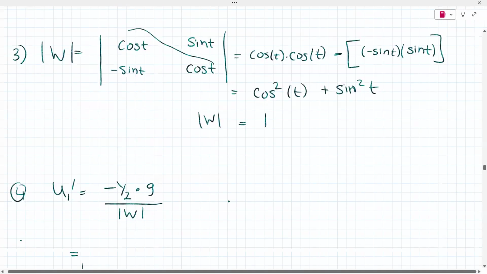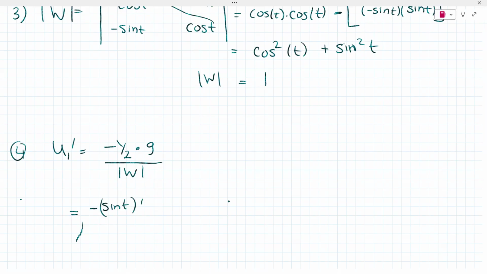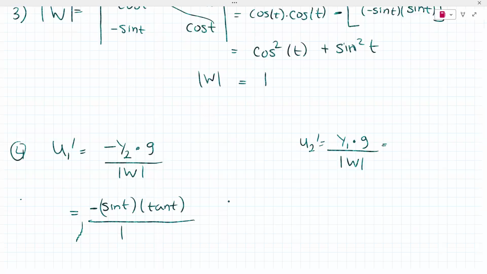Y2 is sine of t, so the negative of that is negative sine of t, and my g is tan of t, all over 1. And my u2 prime is y1 times g over the Wronskian determinant. So my y1 is positive cosine of t, times my g, which is tan of t, and the Wronskian determinant is 1.